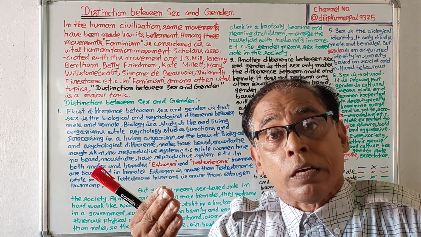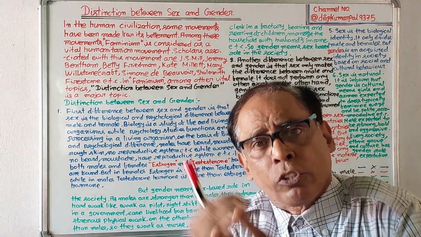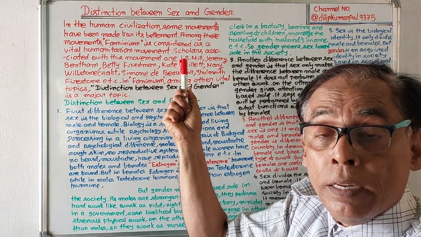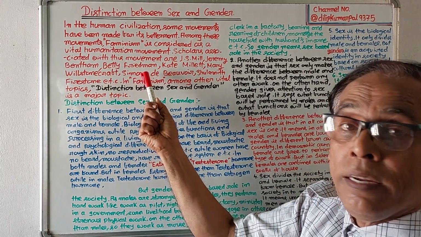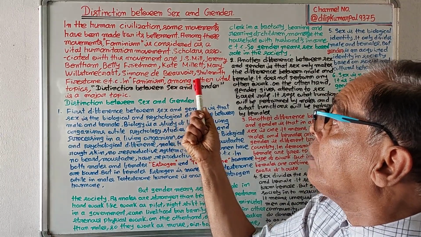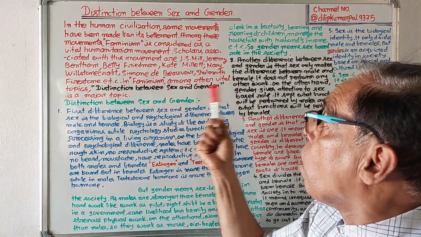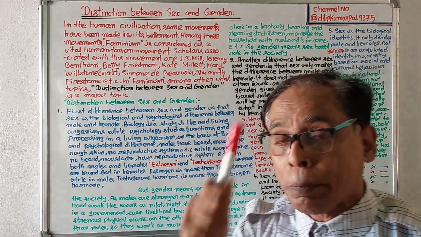Some important scholars associated with feminism are J.S. Mill, Jeremy Bentham, Betty Friedman, Kate Millett, Mary Wollstonecraft, Simone de Beauvoir, Shulamith Firestone. In feminism, among other vital concepts, the distinction between sex and gender is a major topic.